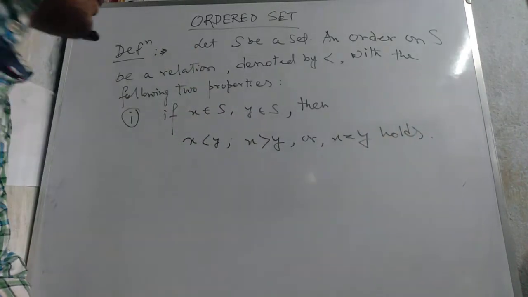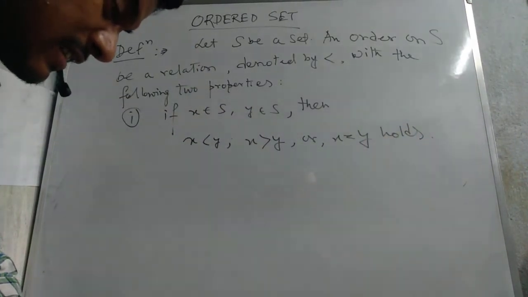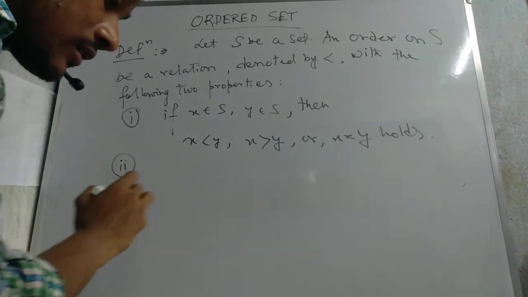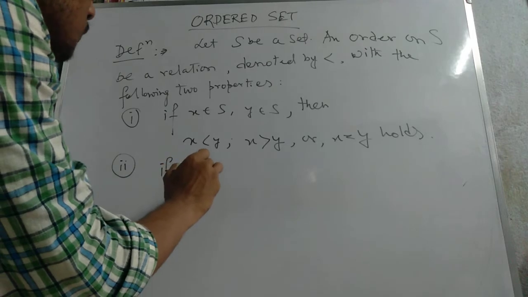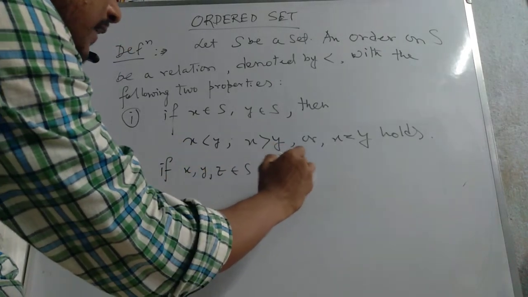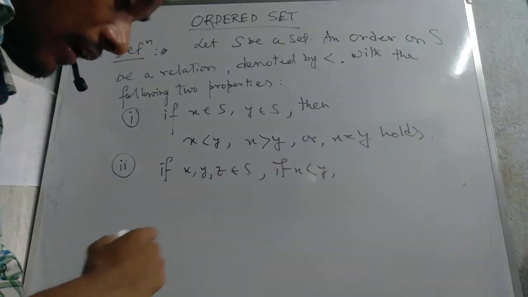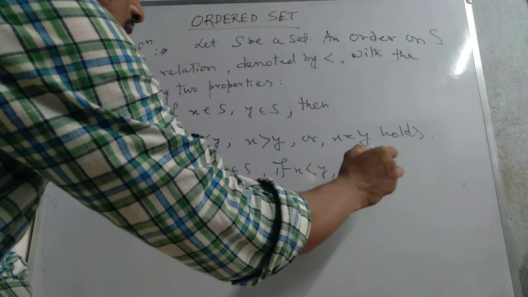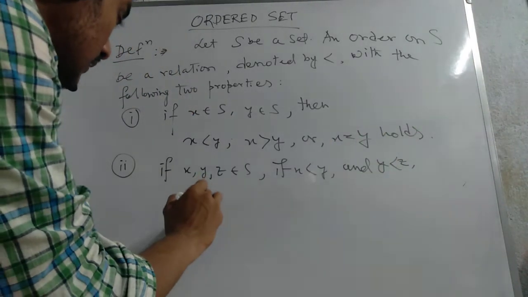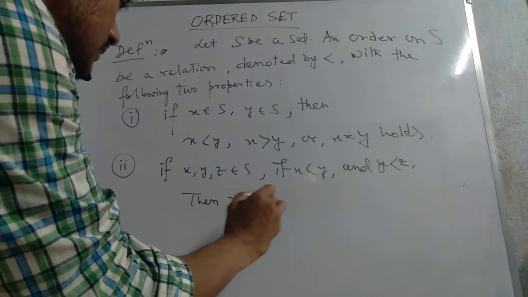Next, the second one: if x, y, z belong to S, and if x is less than y and y is less than z, then x is less than z.